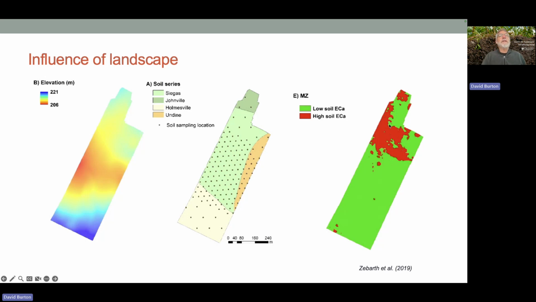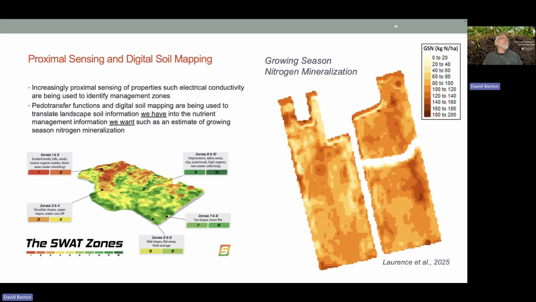When we measure the electrical conductivity, we see zones of higher soil electrical conductivity, suggesting ions are accumulating there. Perhaps there's less leaching, or there's maybe a history of higher rates of fertilizer application in that part of the field. One of the things we're trying to do with our work is use a more detailed understanding of differences in elevation and electrical conductivity to understand how various properties might change within the field.